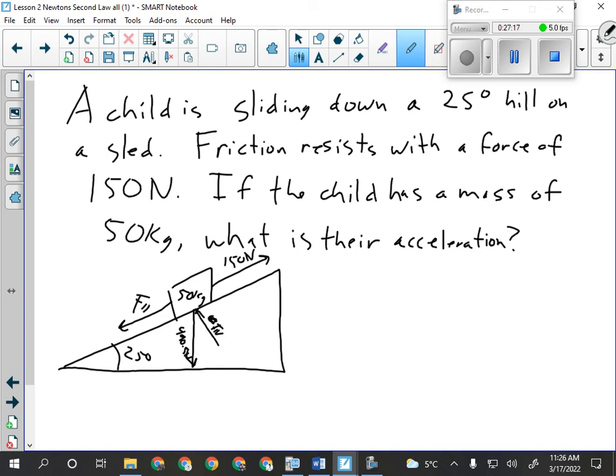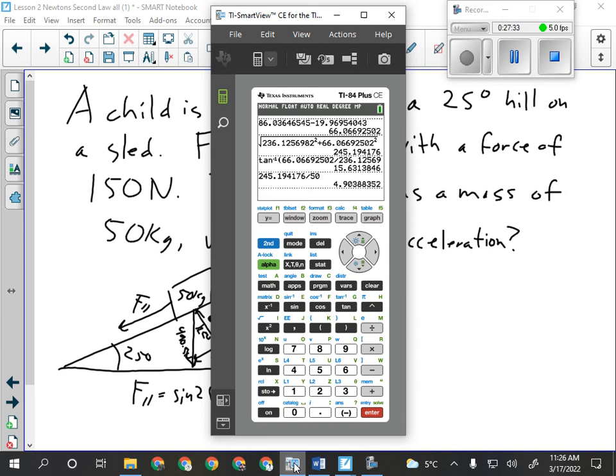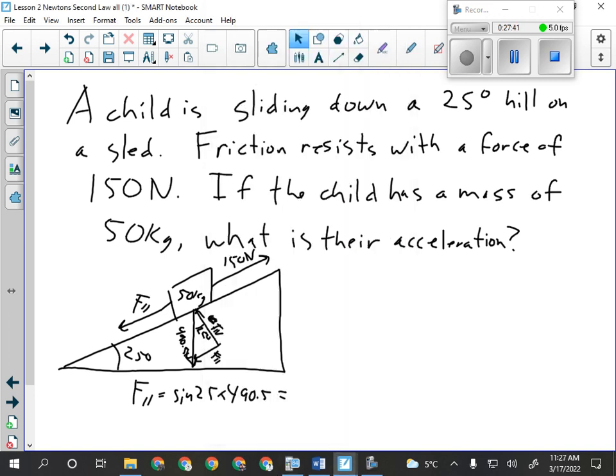And then I've got my 25-degree angle, and here's F parallel. So F parallel will be the sine of 25 times 490.5. Okay, so 207.29 newtons.